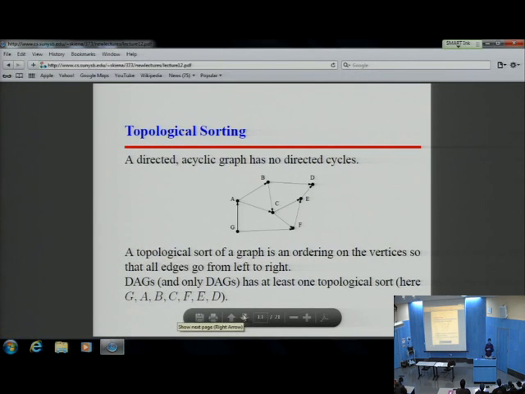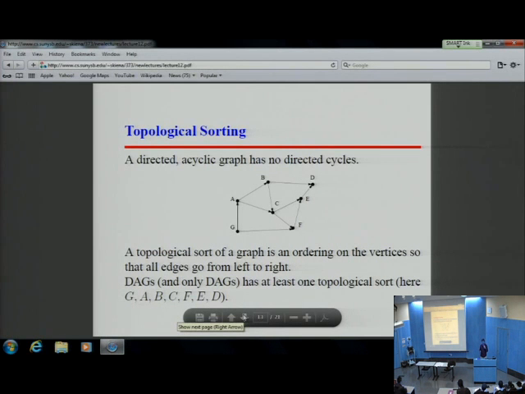And we got to the point where we were talking about topological sorting as sort of the most important algorithmic graph problem on directed acyclic graphs. And this was the problem of finding a left to right ordering of vertices in a graph such that all the edges go from left to the right.